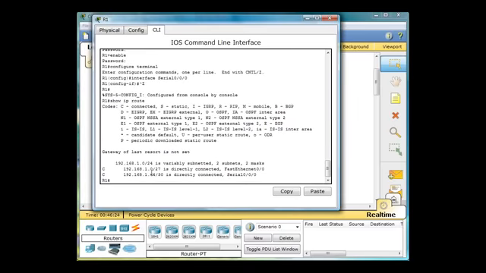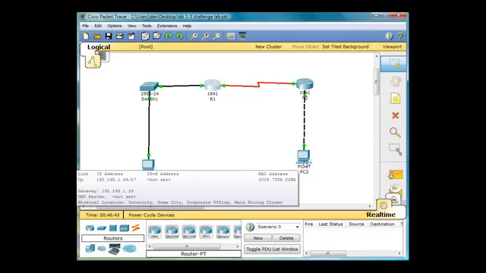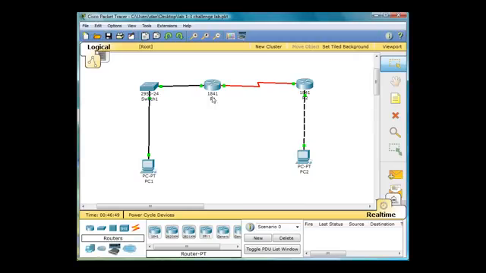So R1 knows about the 0 network connected to its Ethernet and the 64 network connected to its serial, right? So R1 knows about this network over here, and it knows about this network over here, but when it tries to send an IP packet back to this network, or to this computer here at 192.168.34, it doesn't have that network in its routing table.